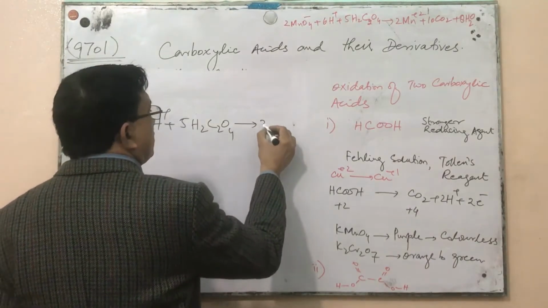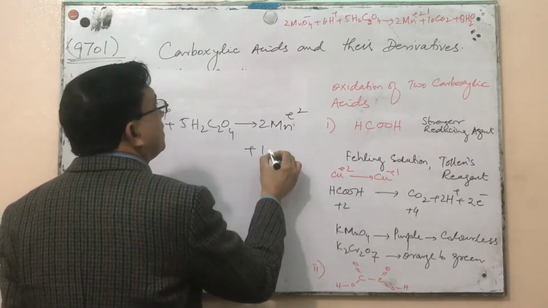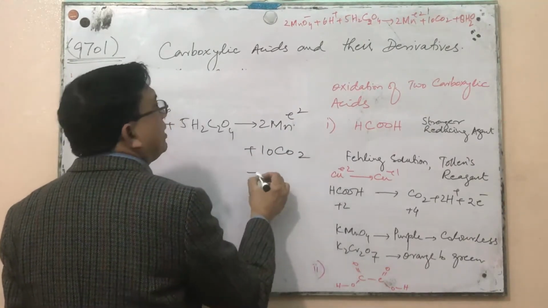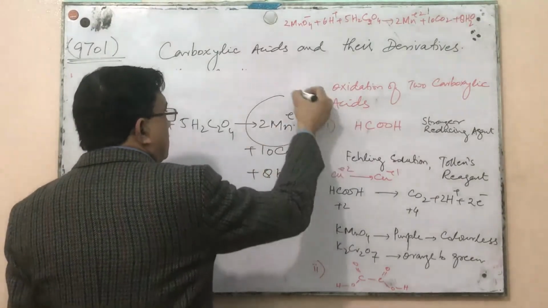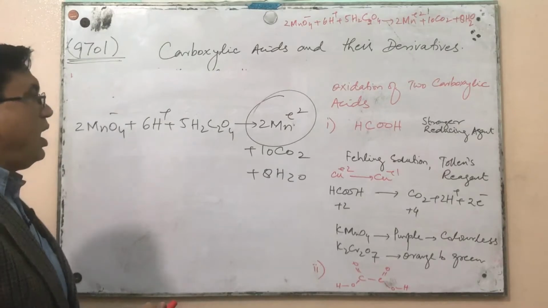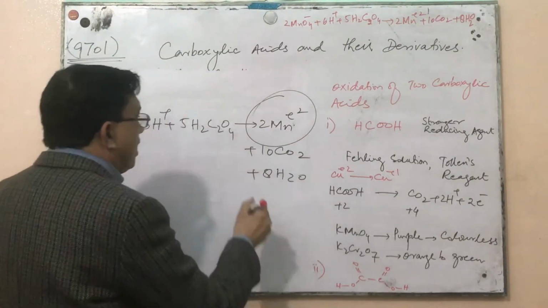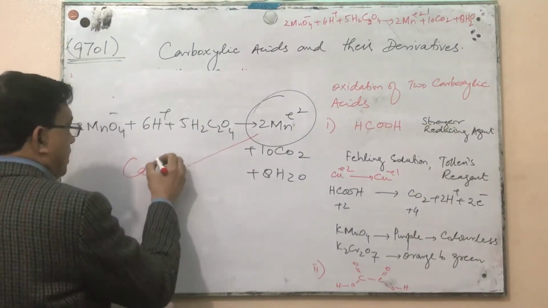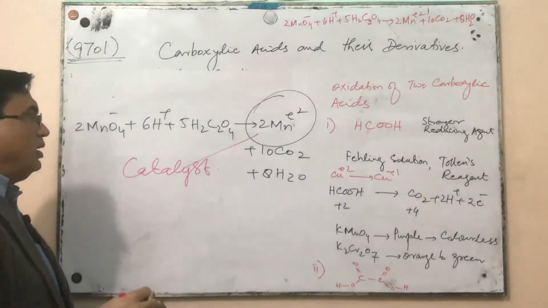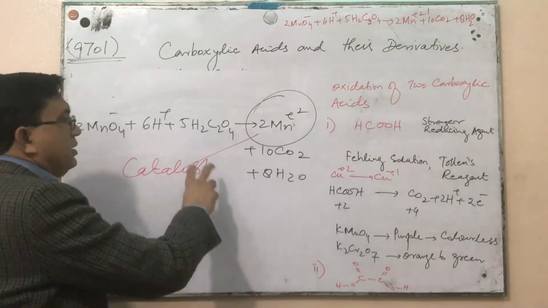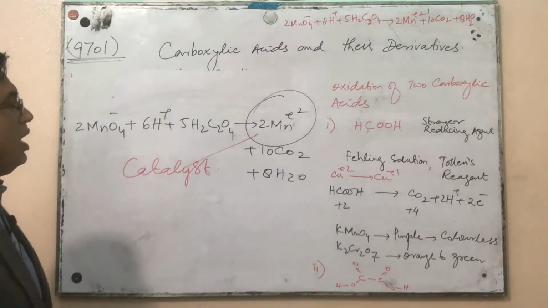This produces 2Mn2+ ions plus 10CO2 plus 8H2O. Now this manganese ion produced acts as a catalyst and will speed up the reaction, and this is also an example of autocatalysis.